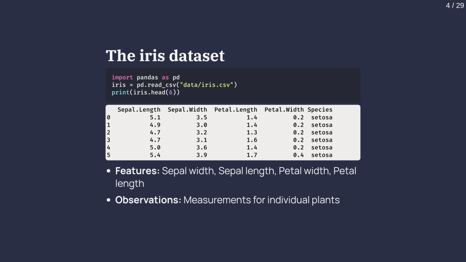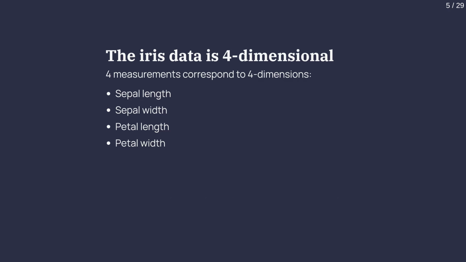The columns of this array correspond to the features, and the rows correspond to the measurements of individual plants. The samples of this iris dataset have 4 measurements, and therefore correspond to points in 4-dimensional space. It is difficult to visualize 4 dimensions, but using unsupervised learning techniques, we can still gain a lot of insights.